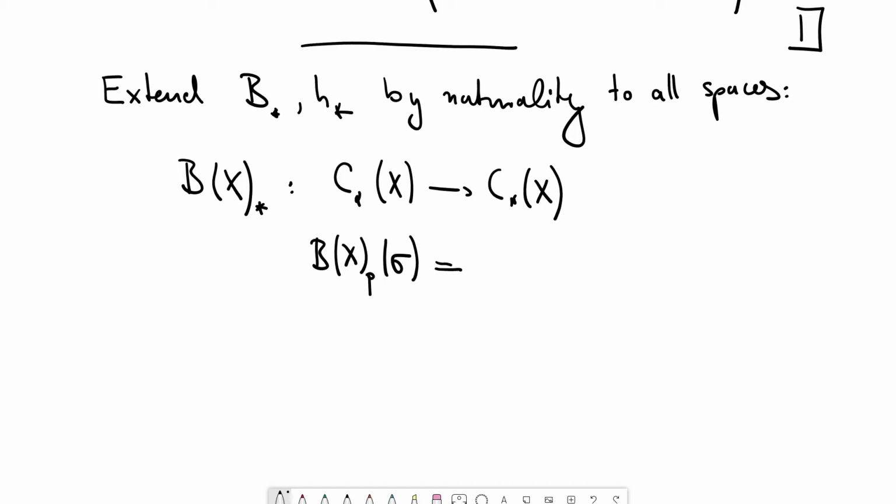I'm saying by naturality, right? What do I mean by naturality, I should say? Natural in X, so I get really a functor.